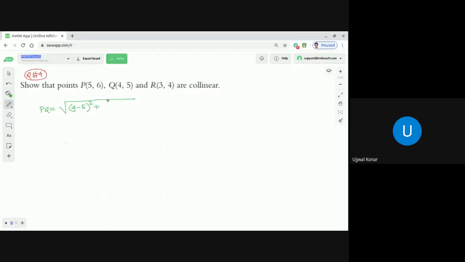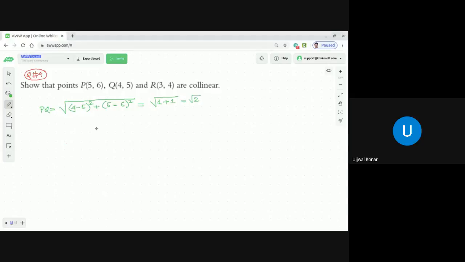PQ means first you write x coordinate of the point Q minus x coordinate of the point P whole square. That is 4 minus 5. And then y coordinate of the point Q, that is 5, minus y coordinate of the point P, that is 6, whole square. That is equal to square root of 1 square plus 1 square, 1 plus 1. That is equal to square root of 2. PQ is root 2.